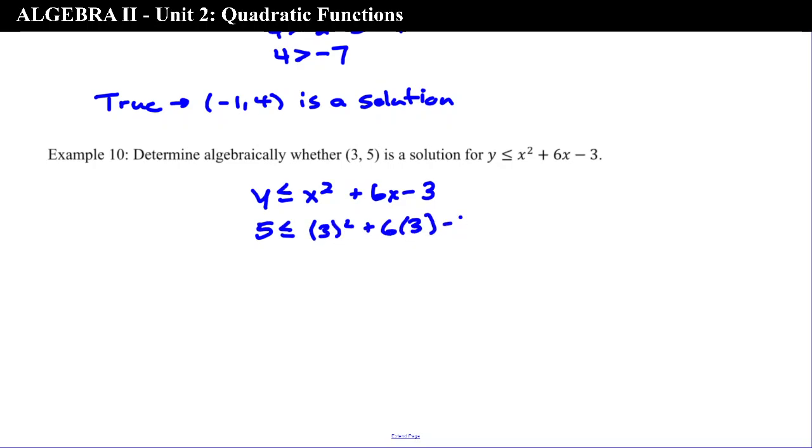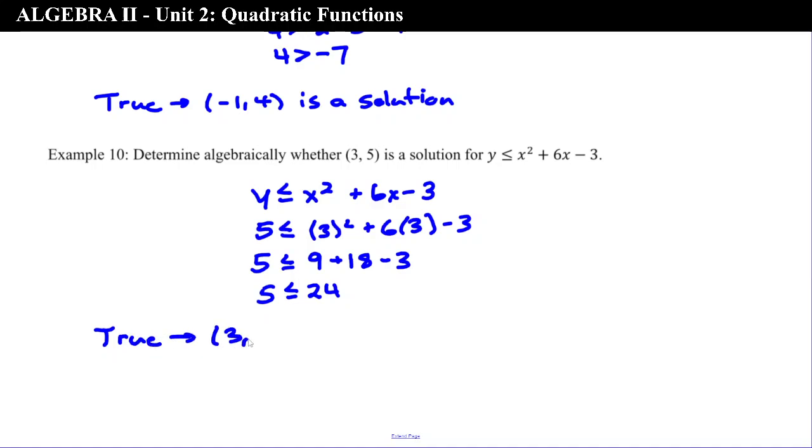And we're just going to simplify this right-hand side and see how it relates to 5. 3 squared is 9. 6 times 3 is 18. And then you have minus 3 on the end. So you end up with 5 is less than or equal to 24. And again, yes, that is a true statement. So since it's true, (3, 5) is a solution.